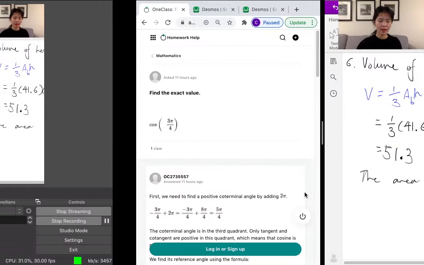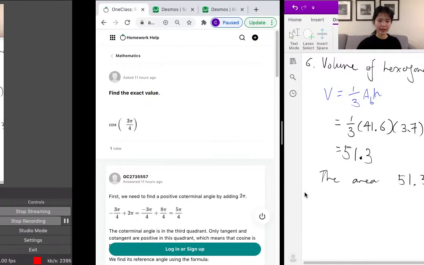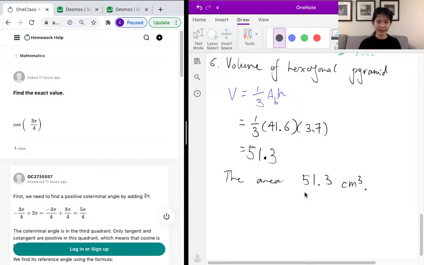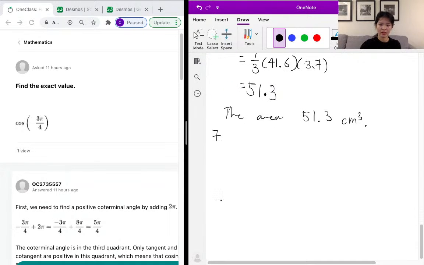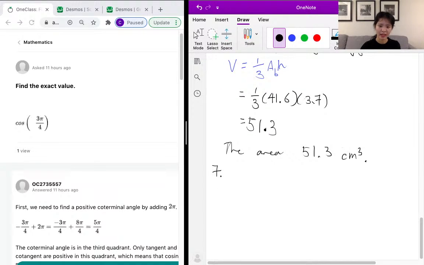Okay, our next problem is asking us to find the exact value of cosine of 3 pi over 4, I believe. But it's really odd because the formatting has a space in between them. Yeah, the formatting is a lot odd.